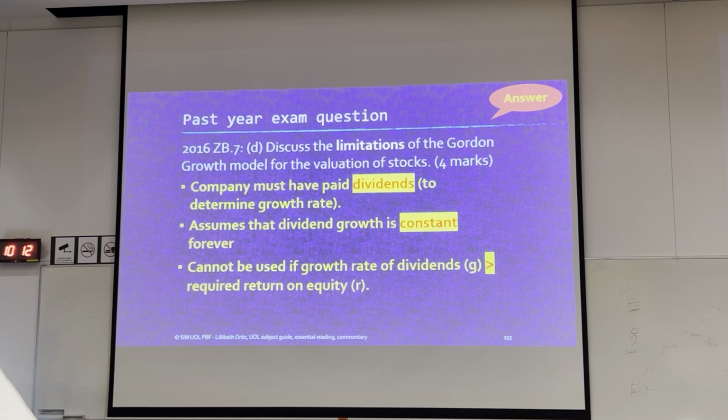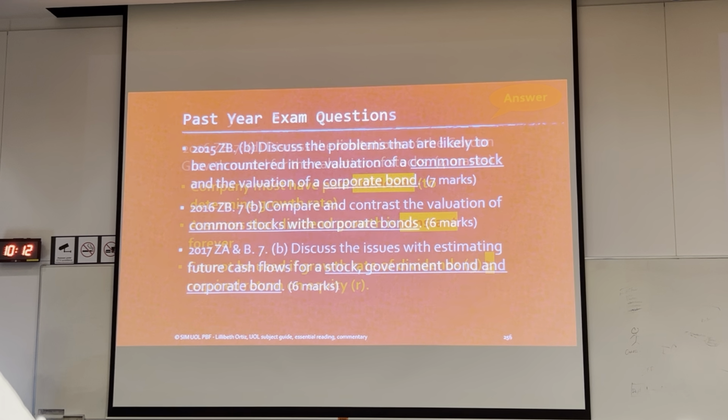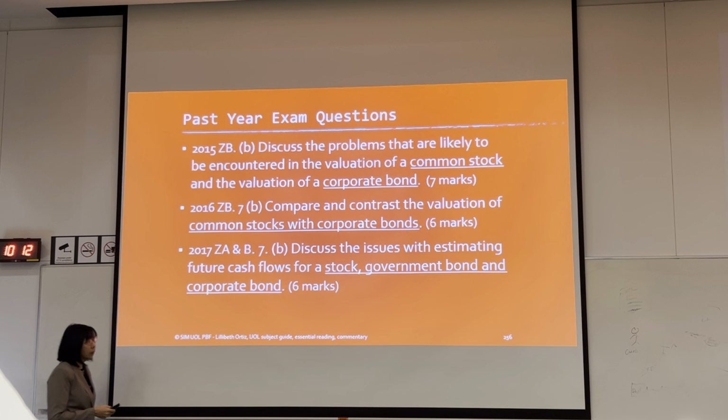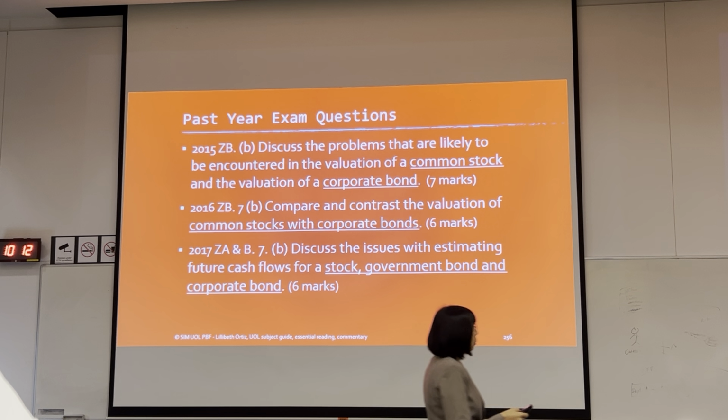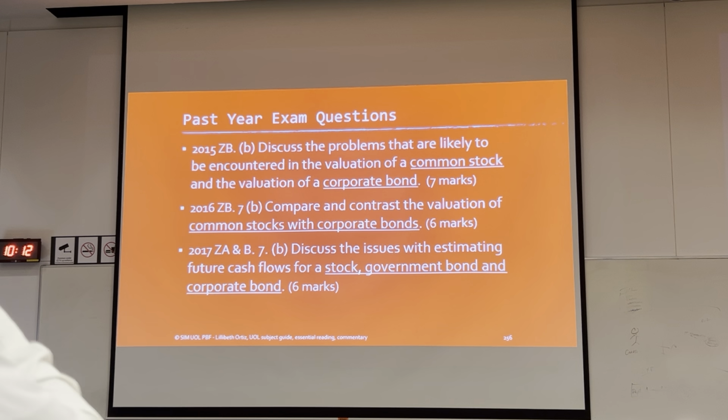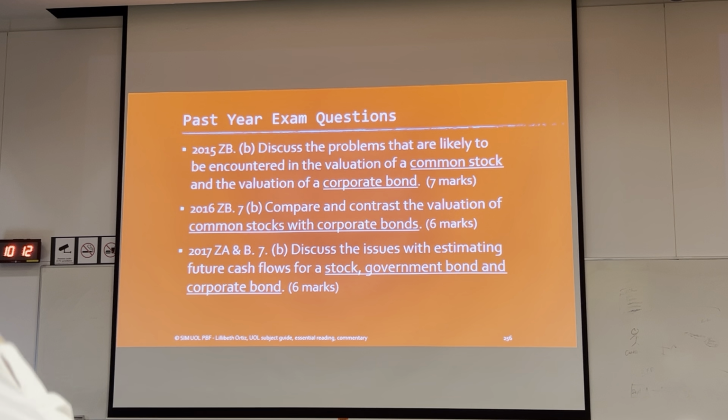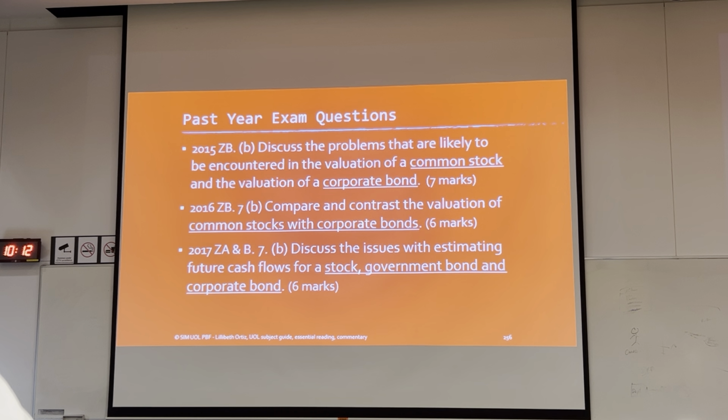So of course you have to discuss it. This is just an outline of the key points you need to make. All right. Discuss the problems that are likely to be encountered in the valuation of common stock and corporate bonds. There are several types of exam questions where you're asked to compare the valuation of stocks versus bonds, or government bonds versus corporate bonds versus preferred shares versus common stock.